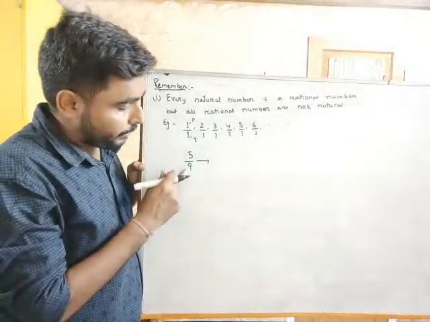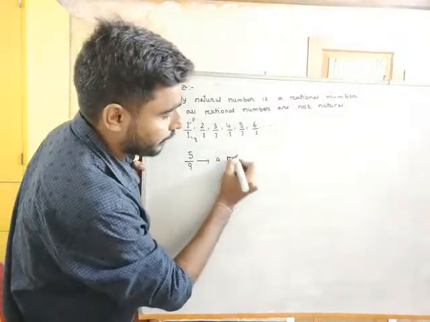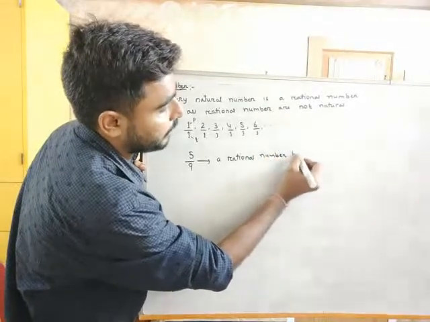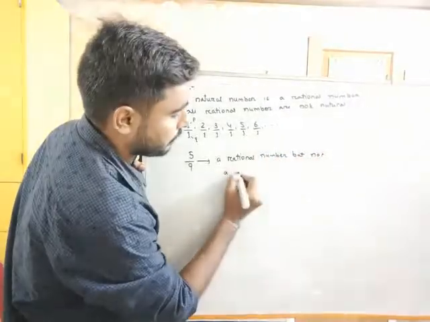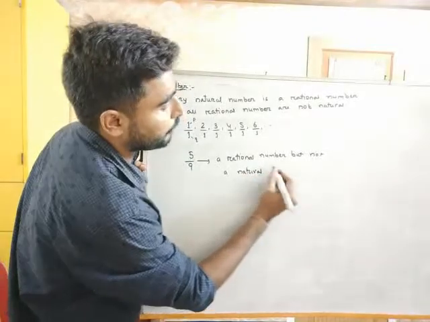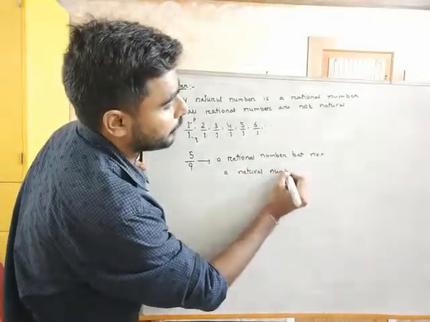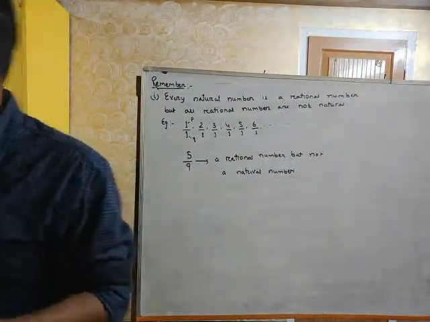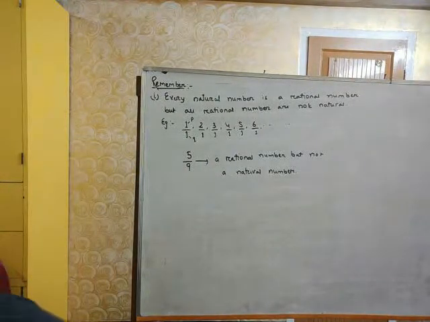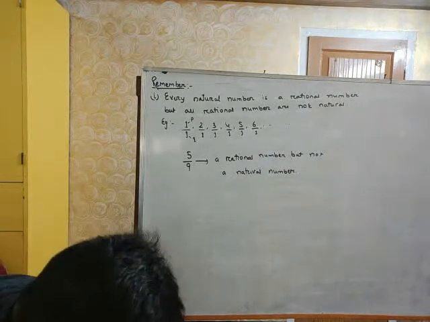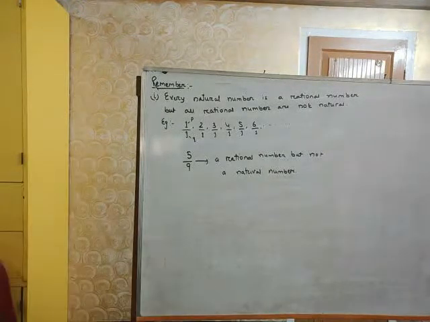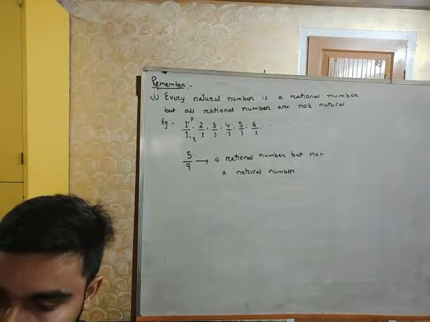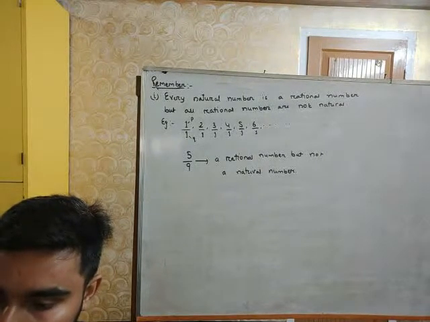So since the denominator is 9, it is a rational number only, but not a natural number, because we know if it is a natural number, the denominator should be only 1. Is it clear? Anyone, any sort of doubt in your mind, you can ask, I will explain it again. Concept classes are very important.